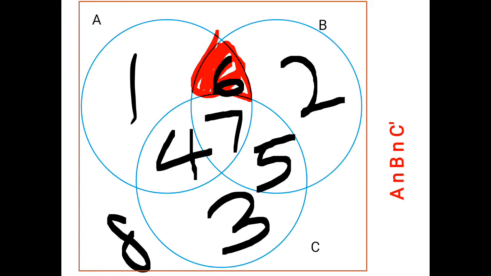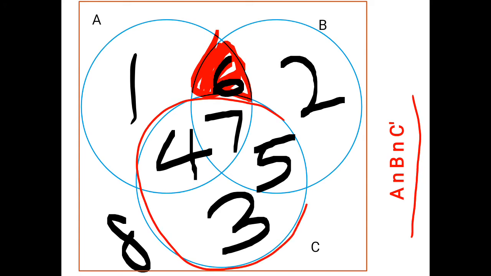When writing it mathematically, none of the shaded region is found in C, meaning C gets a complement. So A intersection B intersection C complement, meaning C is not part. That is why C has the complement.